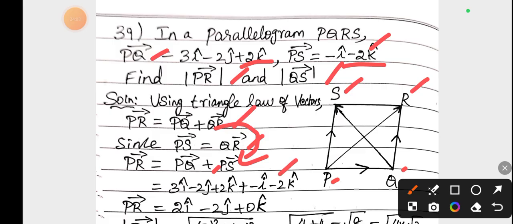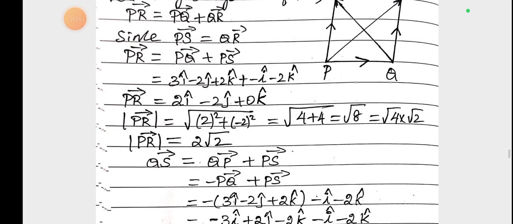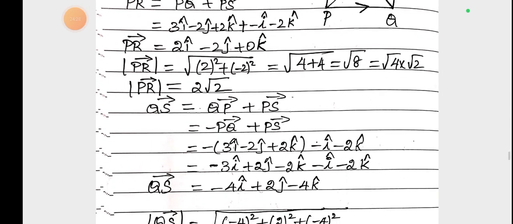So when you draw the diagram, your work is easier. Then simplify. 3i cap minus i cap is 2i cap, minus 2j cap as it is. Then plus 2k cap minus 2k cap gets cancelled, so 0 k cap. Then you can do the magnitude of the PR vector, children.